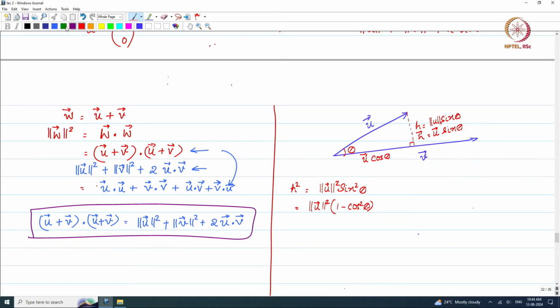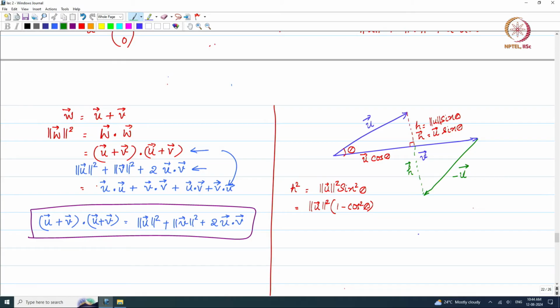We also see one more thing here. Let us look at this. Let me try to draw this u as minus u here. So this is going to be the minus u vector, and this height is again going to be the same h. So this is going to be the height vector h.